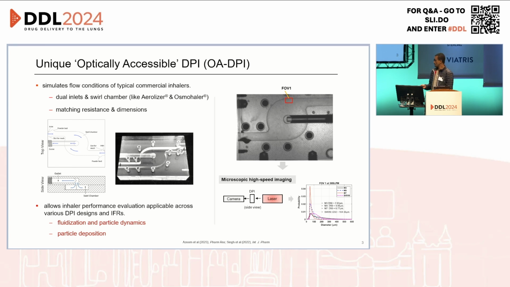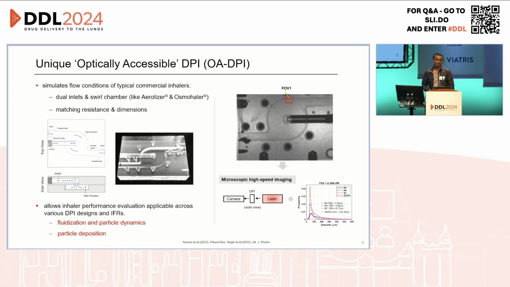For example, as you can see here, it has 2 inlets and 1 outlet. It has a swirl chamber common to some commercial inhalers like Aerolizer and Osmohaler, and also has a matching resistance. So with these characteristics, this device enables inhaler performance evaluation applicable across various DPI devices.